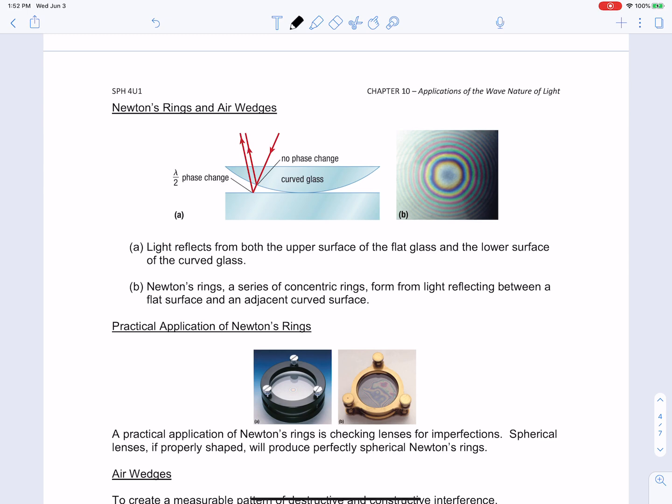The difference in phase length increases with the distance from the point of contact of the two glasses. Therefore, any monochromatic light with a wavelength of lambda will have a bright fringe at each location where the separation, which we'll call t, is half of a whole number multiple of lambda.